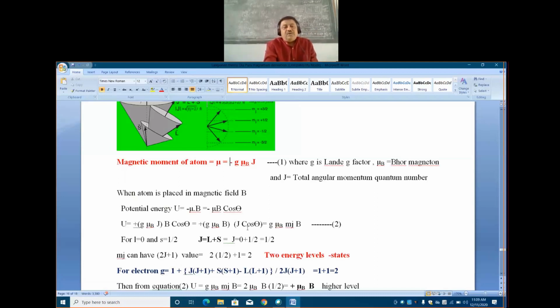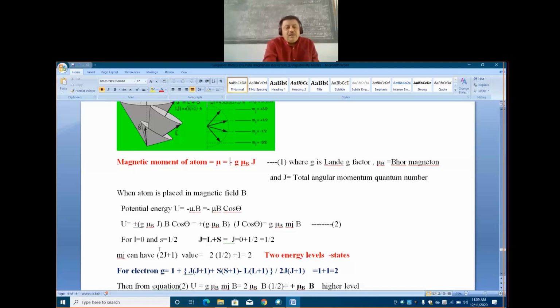So that component we are taking as J cos theta, that is mj. So mj is J cos theta. So therefore G mu B mj into B is the expression for energy. U, potential energy, is equal to G mu B mj into B. Mj is J cos theta, which is component, vertical component of the magnetic moment.